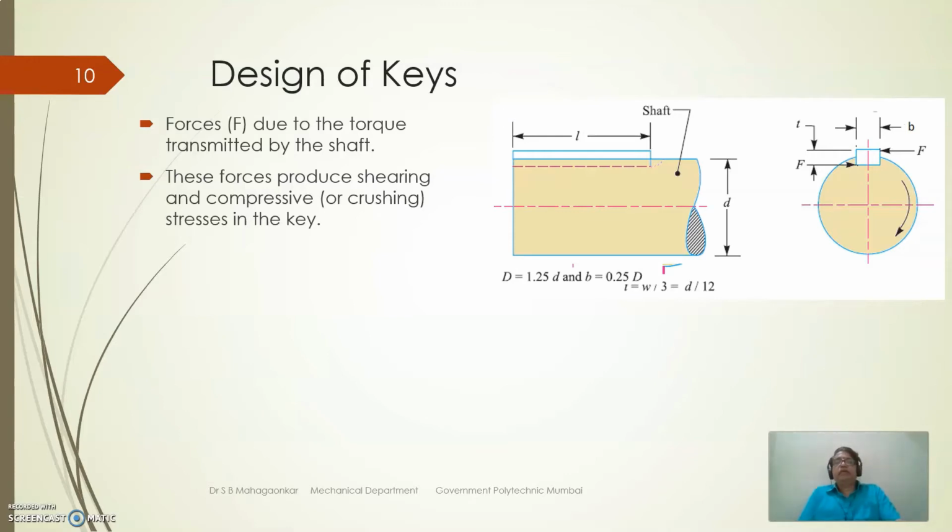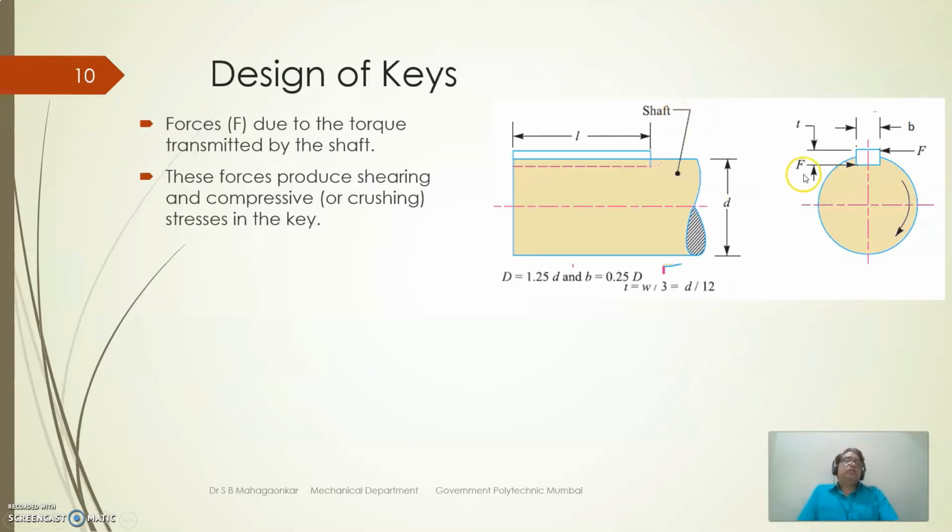And if you want to calculate the tangential force applied at the point of the key, if F is the tangential force, then F into the distance from the center, that is d by 2, if d is the diameter, is nothing but the torque.